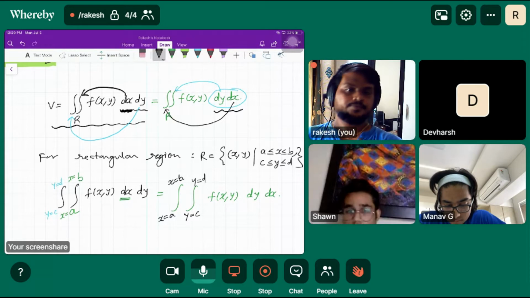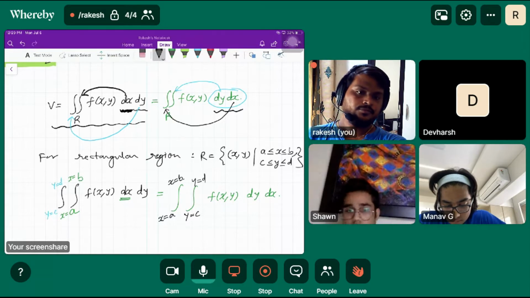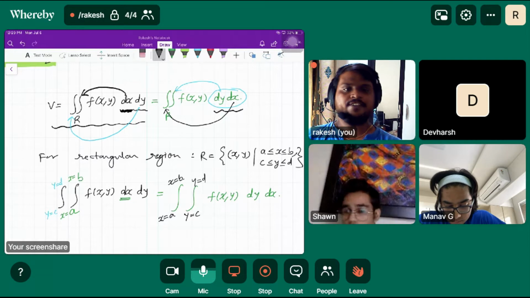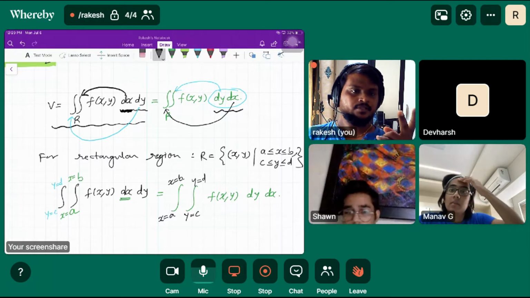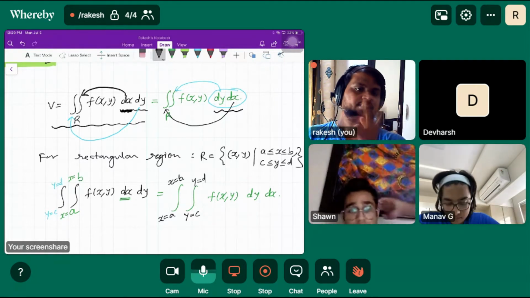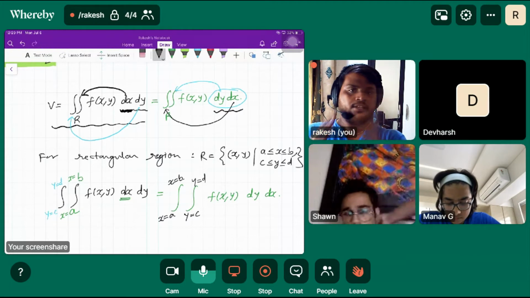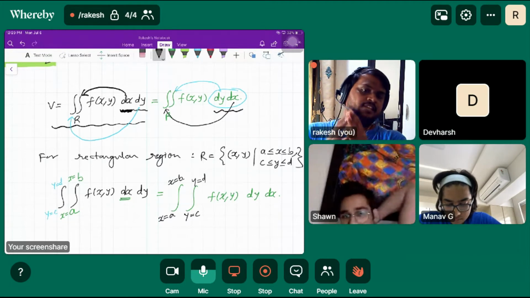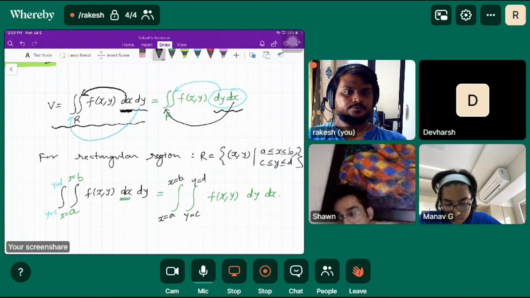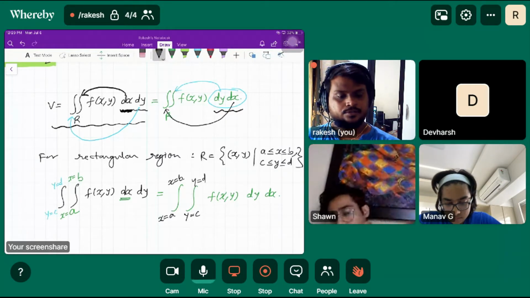Understood? So yes, we can definitely switch the variable, and accordingly the integral sign will switch, meaning the limits on the integral signs will change, right?